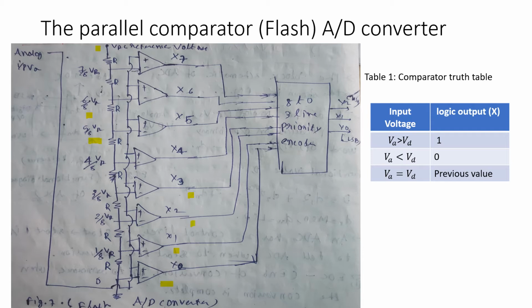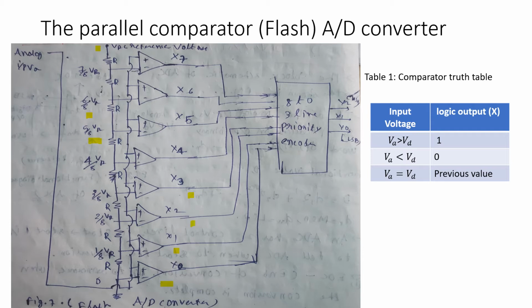If VA, the analog input provided to the positive terminal, is more than VD, this gives logic 1, as we already know from the comparator concept. If VA is less than VD, it is logic 0 because 0 voltage is there.